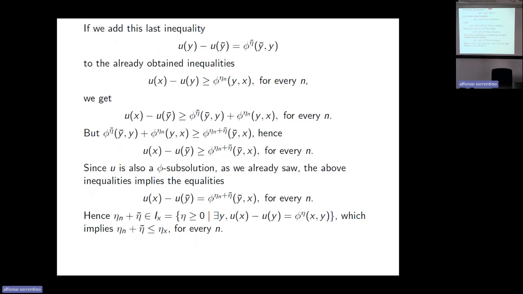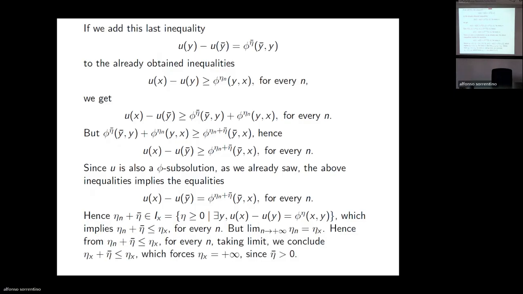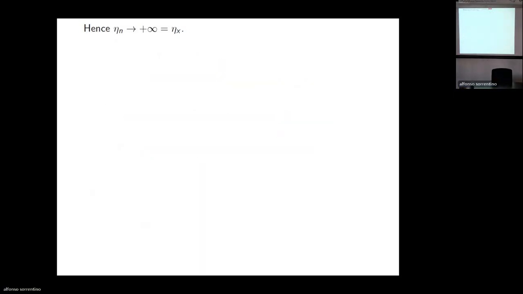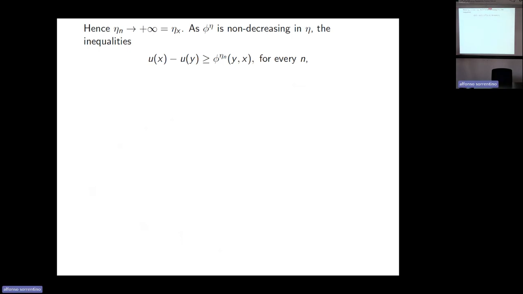But now I can let n tend to infinity. This goes to eta x plus eta bar less than eta x, but eta bar was positive. So this implies, in fact, that eta x is plus infinity. So this forces eta x to be plus infinity. Now, I have established these inequalities with the y, which is independent of n.